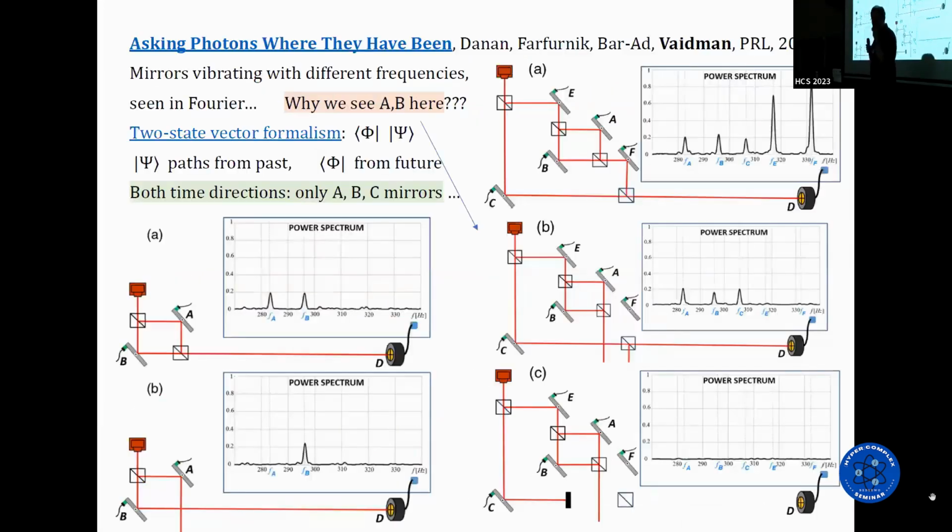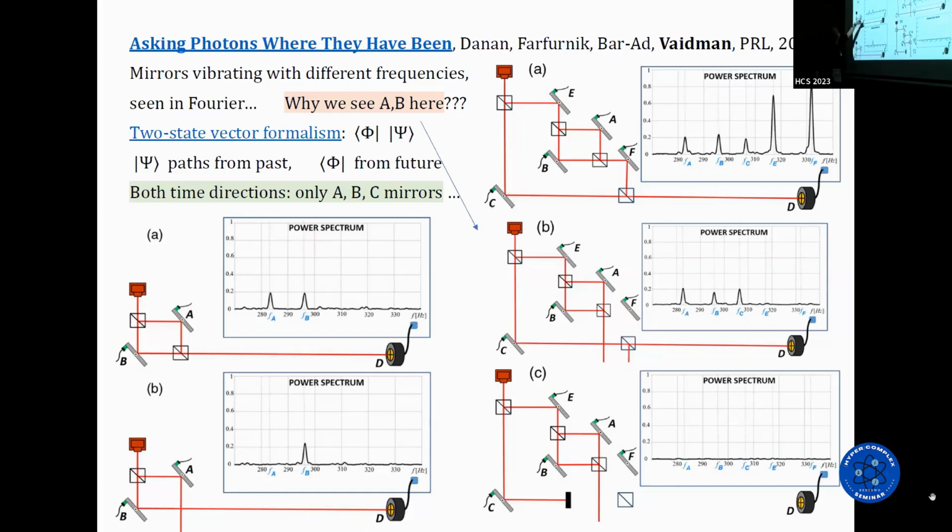Another very nice experiment, asking photons where they have been, is by Vaidman and others. They use vibrations of the mirrors, and different mirrors have different selected frequencies.